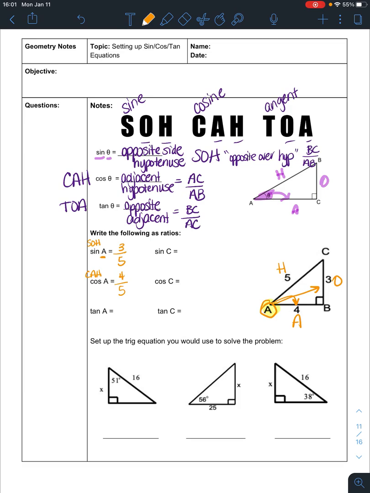It is always beneficial to label O, A, and H so that you do minimal thinking and won't make any mistakes. Tangent of A. Tangent is TOA, so opposite over adjacent. The tangent of A would be 3 over 4.